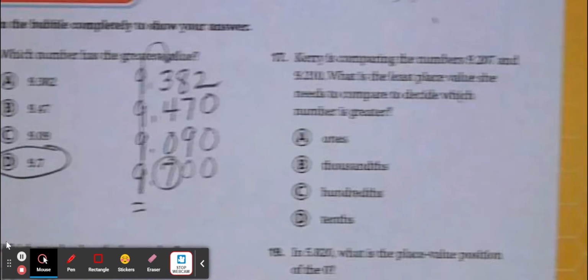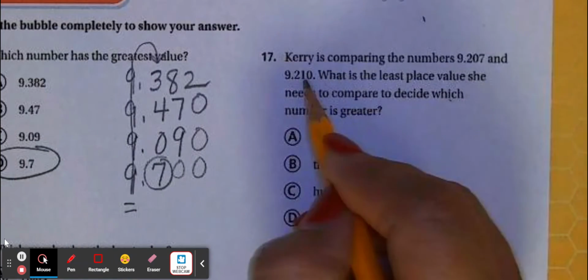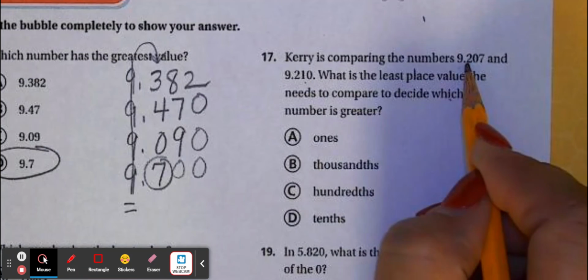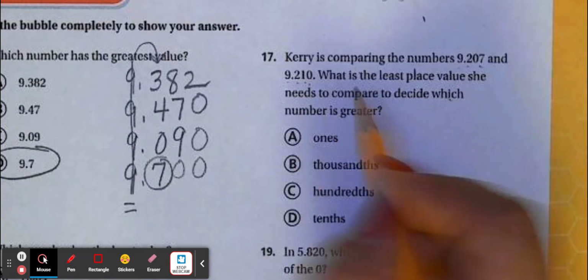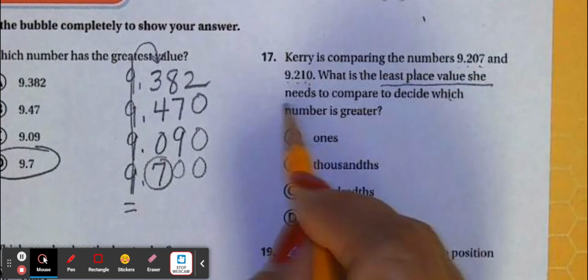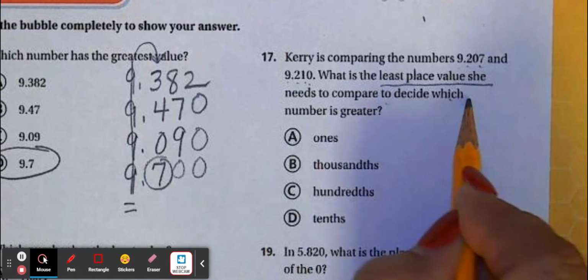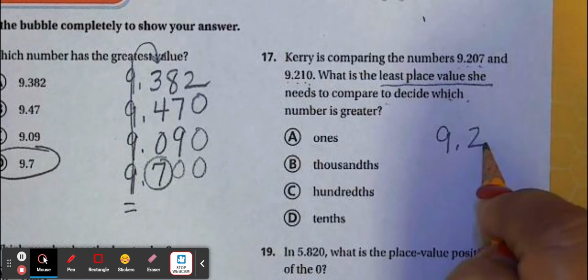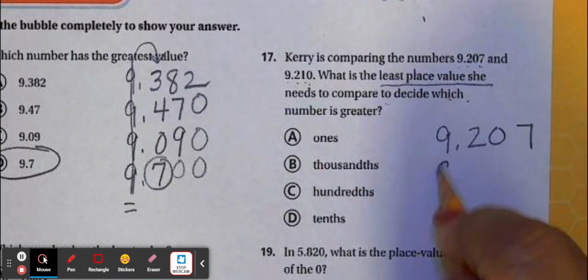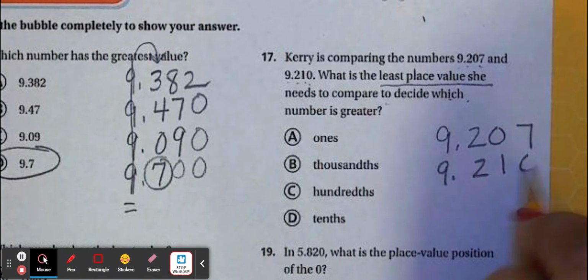Okay, let's look at number 17. Carrie is comparing the numbers 9 and 207 thousandths and 9 and 210 thousandths. What is the least place value she needs to compare to decide which number is greater? Okay, so I'm going to write these down and stack them, doing my place value.